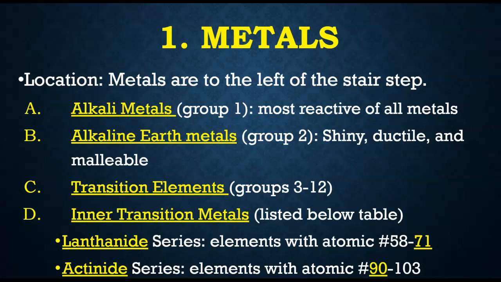It's very, very reactive. And then if you go over one group, group 2, where it has 2 valence electrons, or electrons on the outer part of the electron shell or orbits, these are not as reactive, but they're still reactive. You will find them shiny, ductile, malleable. That means if you hit it with a hammer, you can bend it.